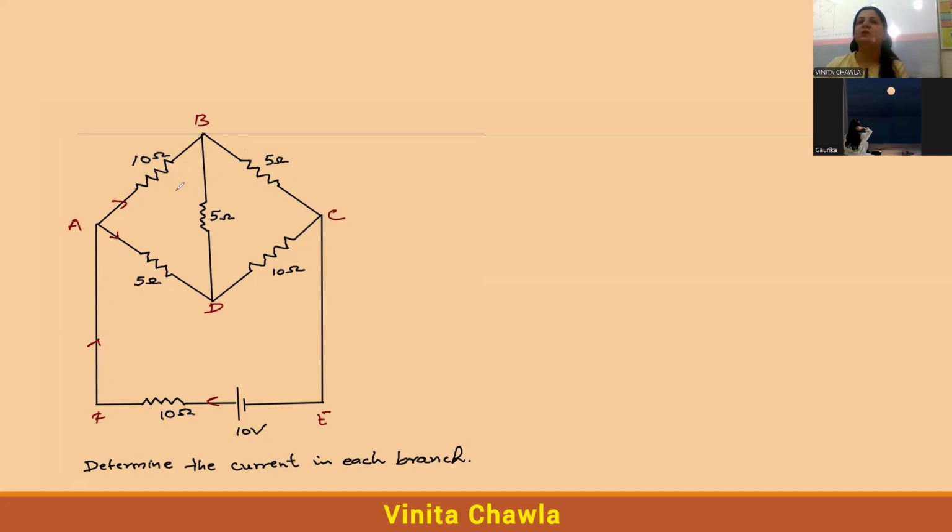So let's reduce the number of variables first. If we assume that current I1 is flowing through this branch and current I2 is flowing through this branch, then instead of writing current I here, we can write I1 plus I2 here.